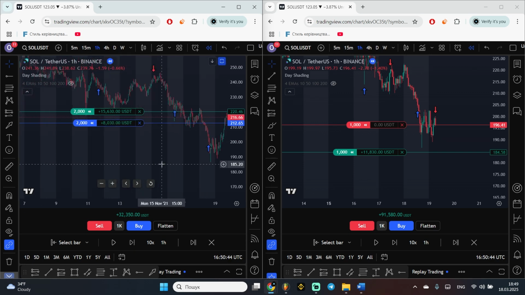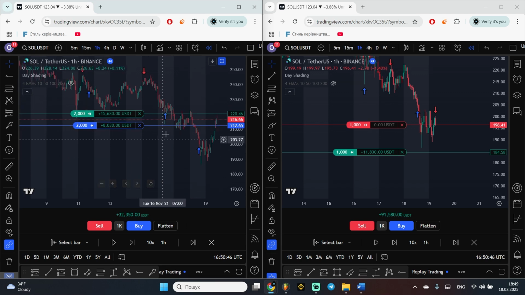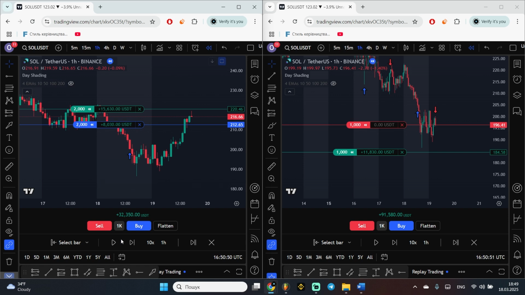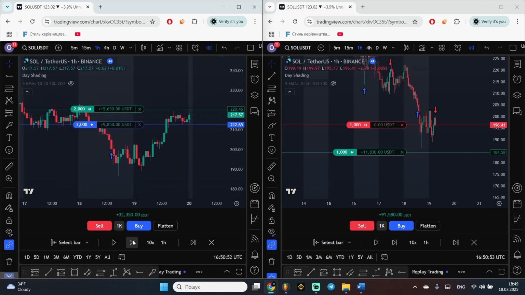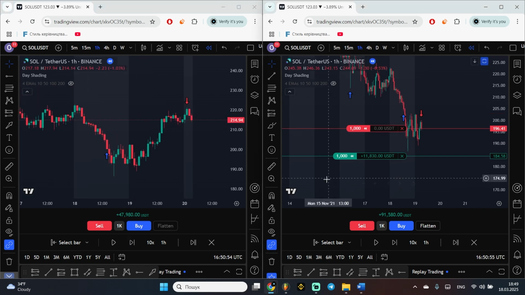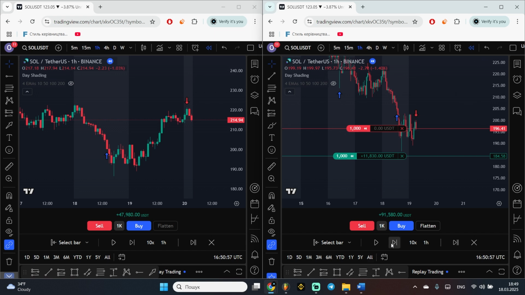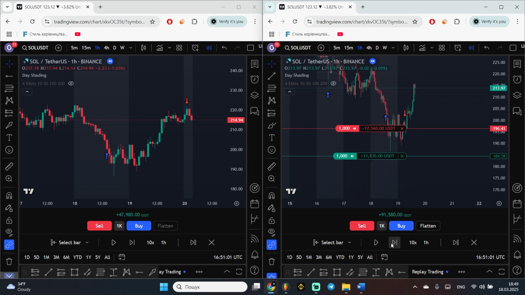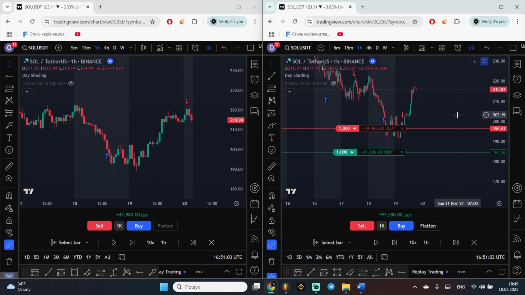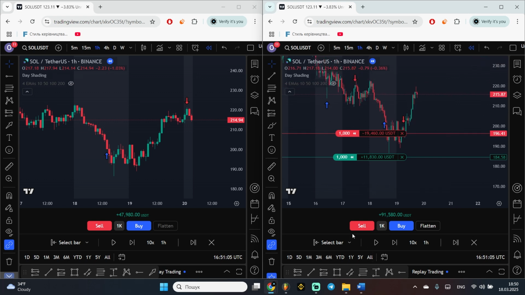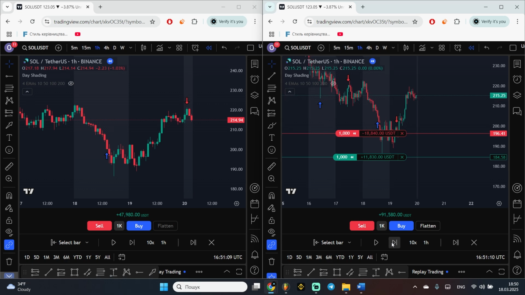Okay, how many averaging was already in this position? Long, another long. Okay, so we are one short. To closing it too soon into zero. Okay, this candle.